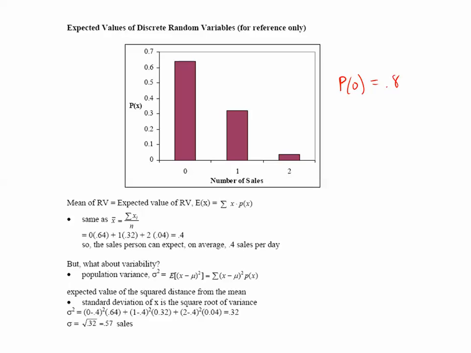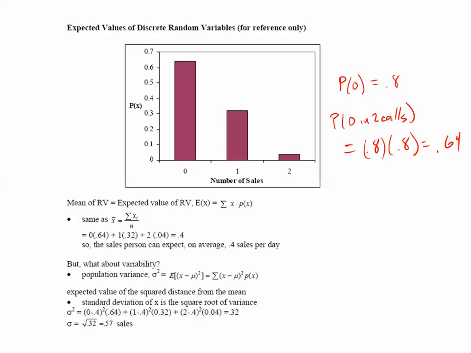So the probability of making 0 sales in 2 calls would be the probability that they do not make a sale in the first call, times the probability that they do not make a sale in the second call. So there's a 64% chance that the person won't make a sale in any given day.